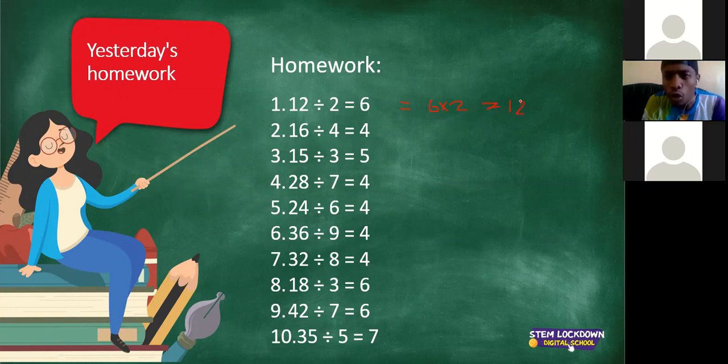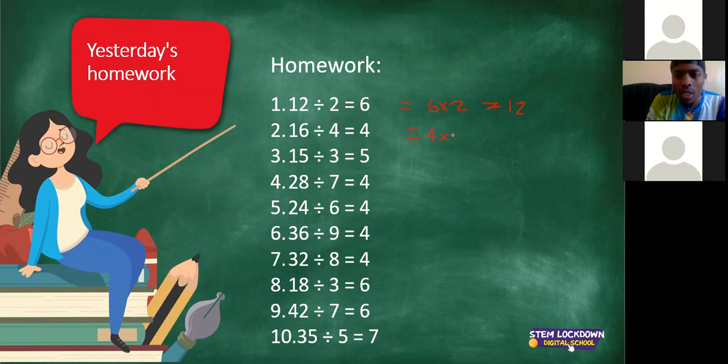That's how you check your answers in division, but that's if you're not sure. For example, if I said 16 divided by 4 is 4, that means 4 times 4, these two, has to give me 16.